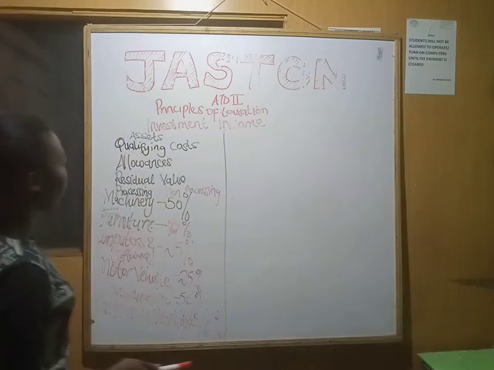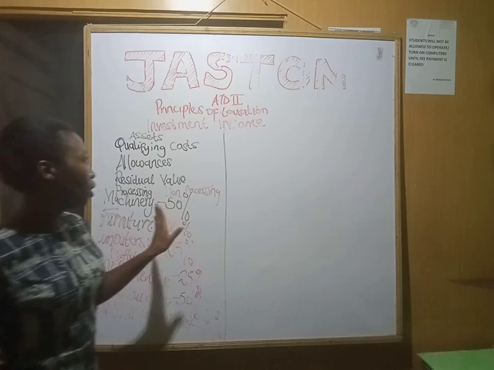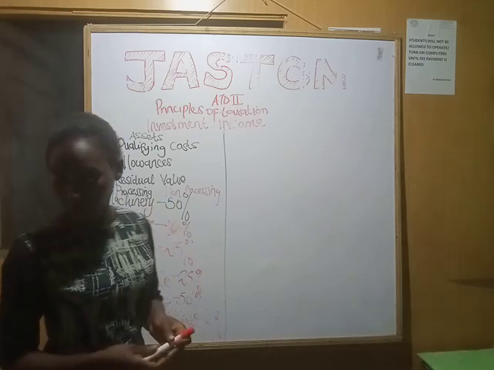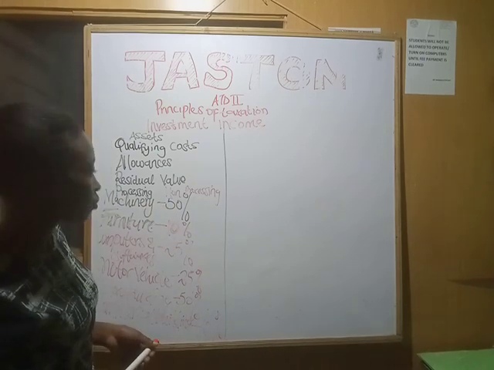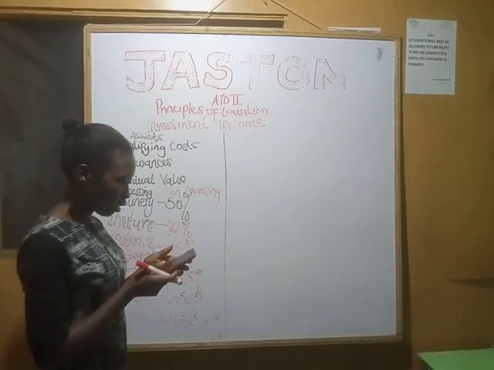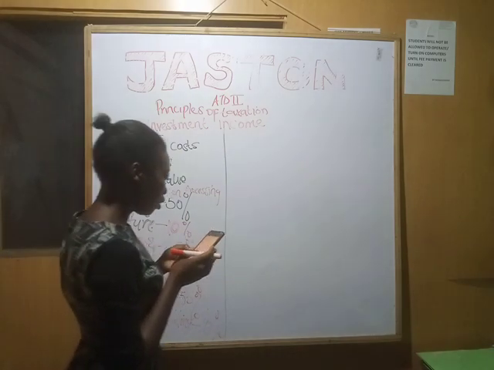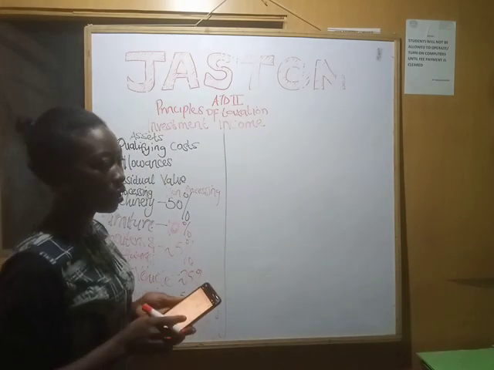Now, with this in mind, my good students, we are going to tackle our question. We've already read the question. Now we are going to start with the factory building.